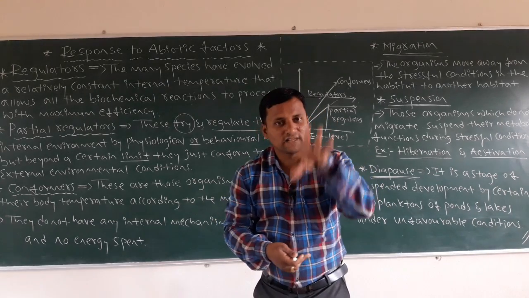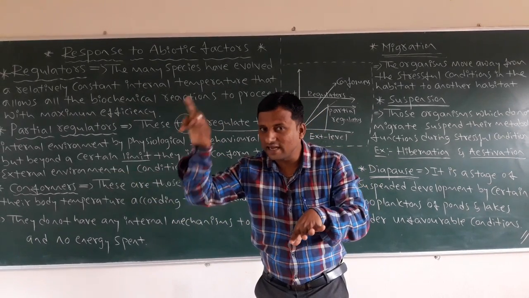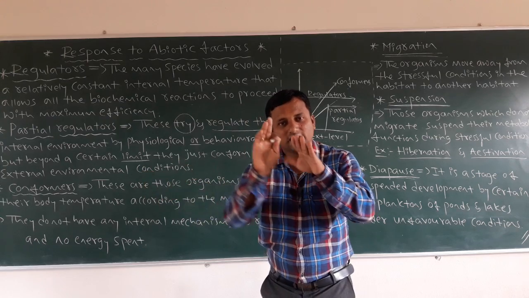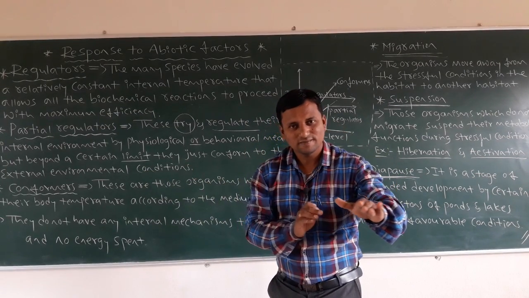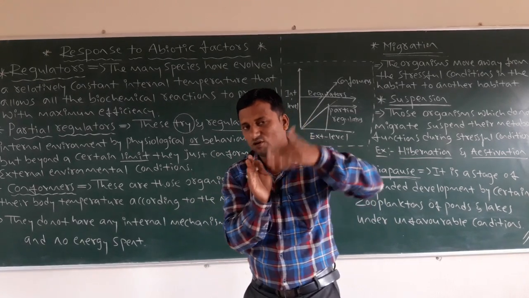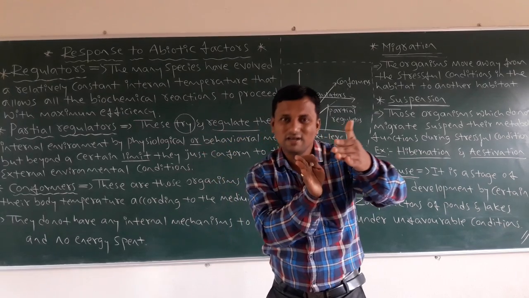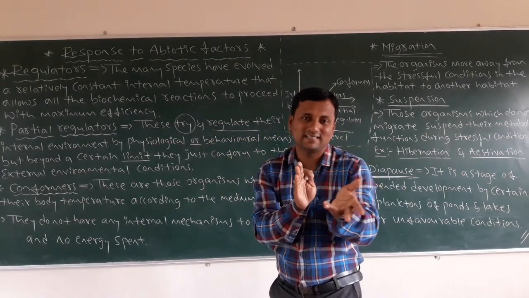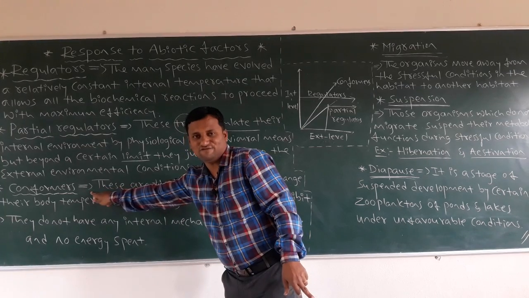Wherever they are present in the habitat, whatever the climate condition is, they respond accordingly. If it is more cold, they respond to the cold condition. If it is more hot, they respond to the hot situation. Those organisms are called conformers.